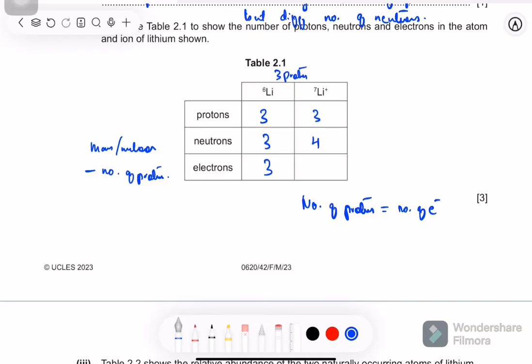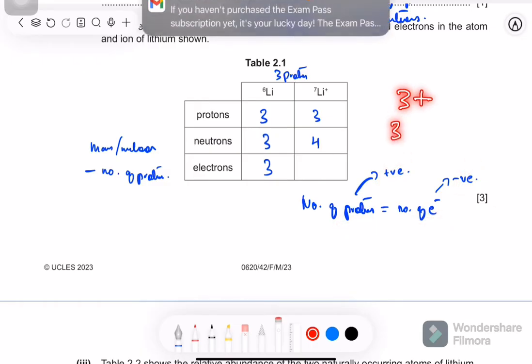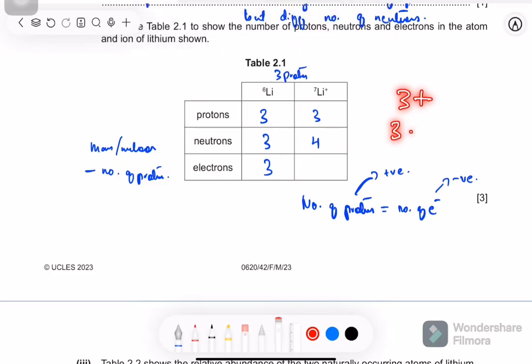Here we have a plus charge, meaning that it has a positive charge, meaning it has more protons, as protons have positive charge, and electrons have negative charge. So in an atom, when there are equal numbers of protons and electrons, they cancel out each other. 3 protons means 3 pluses, and 3 electrons means 3 negatives. 3 minus 3, 0. No net charge.